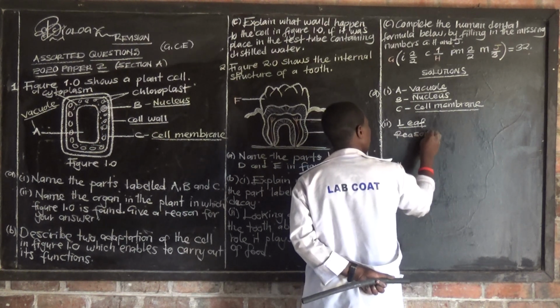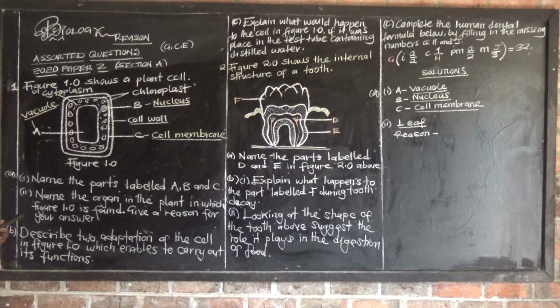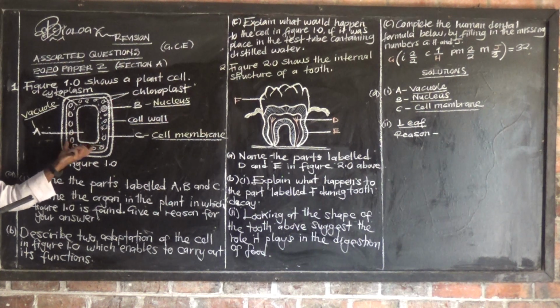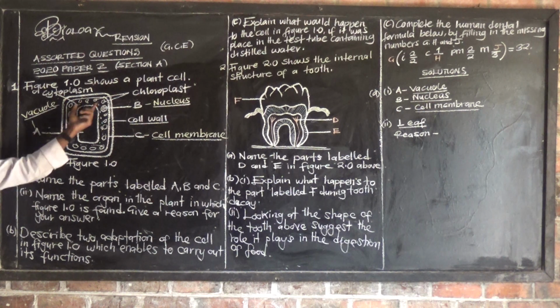So what reason can we give? We can say presence of chloroplasts, because we know that photosynthesis usually occurs in a leaf. A leaf contains cells called palisade cells, like this cell, which contain chloroplasts. Where does photosynthesis take place? In a leaf, in the palisade cells.